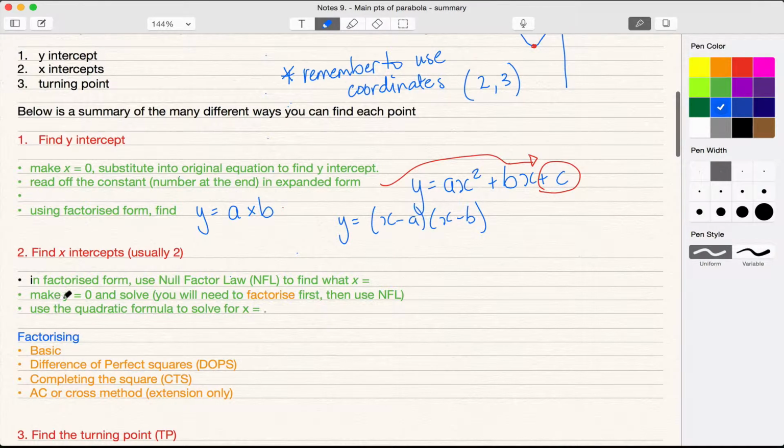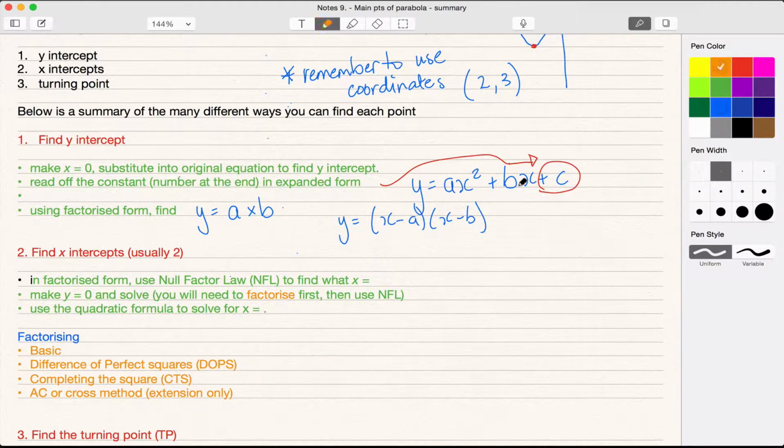Second method, in any form, you can make y equals 0 and then solve the equation. So if it's in expanded form, you'll need to factorize it first and then use your null factor law like we did in step 1 up here.